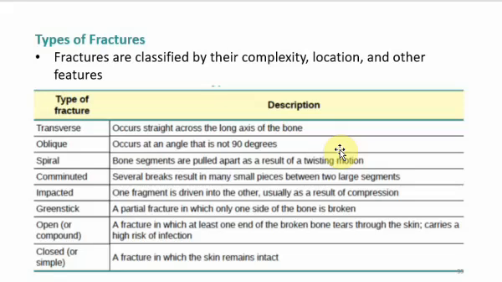So you've got a kind of transverse cut or breakage through your bone. We call that one a transverse fracture. But if the fracture occurs somehow diagonally, we call that one an oblique fracture.